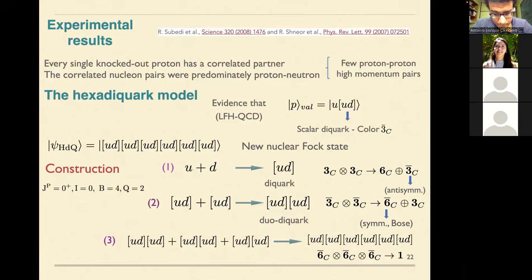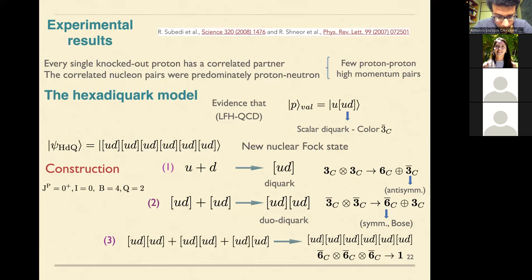So the valence part of the proton is going to be a U and a UD pair. Obviously, the pair is going to be in a 3-bar color state in order to give you a singlet when you multiply by the 3.